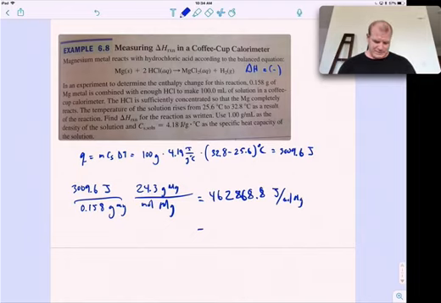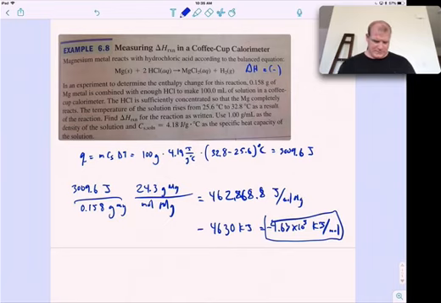We have 3 for the temperature, so this is going to be minus 463 kilojoules, which by sig figs would be 4.63 times 10 to the third kilojoules per mole. Oh, negative sign. So there we go. Direction and sig figs for that one.